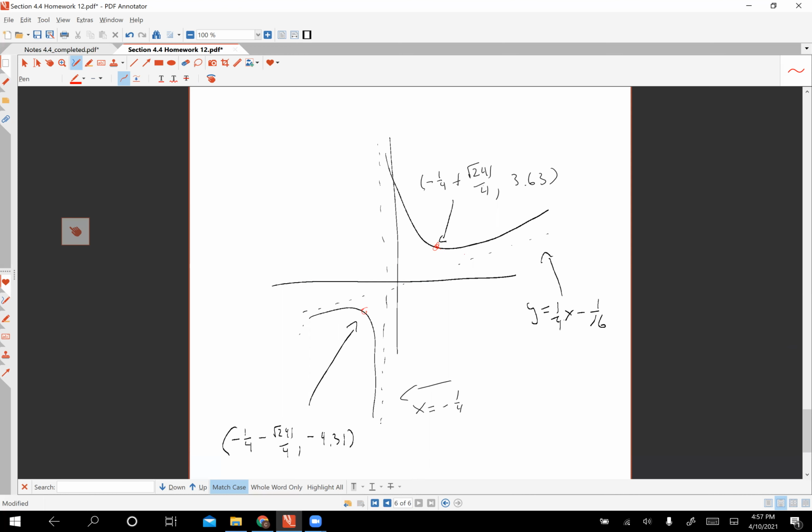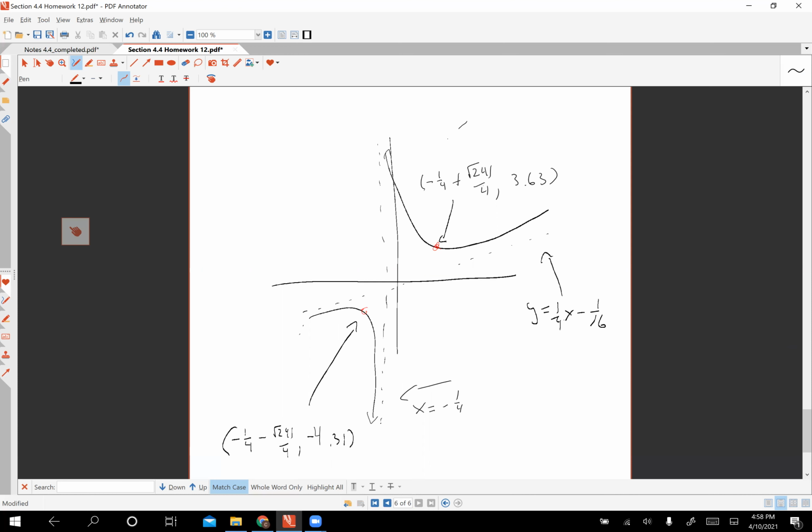When you plug in the smaller of the two critical points, you get about -4.31. I'm having a little hard time reading this. Again, it goes down to negative infinity as we come from the left toward -1/4, and as you go to the right from -1/4, it's positive infinity.